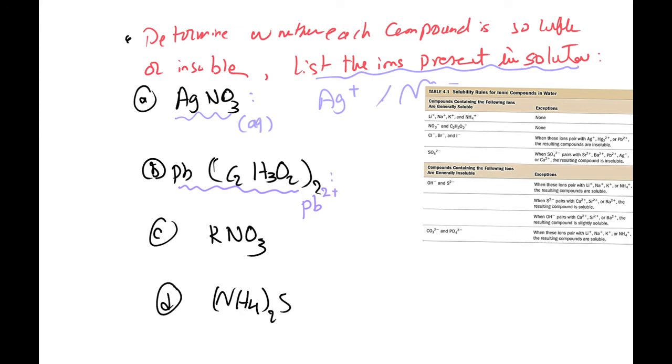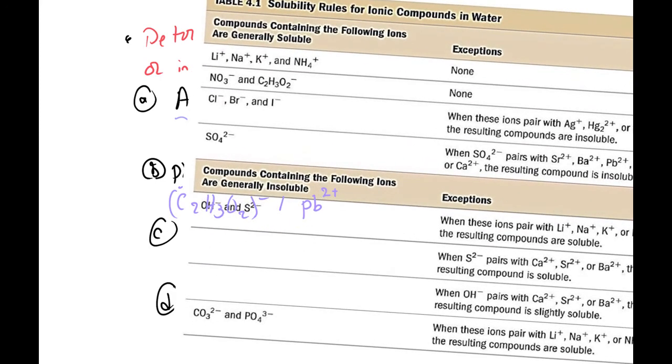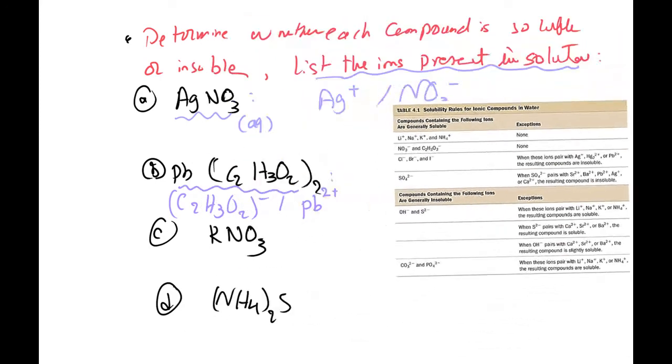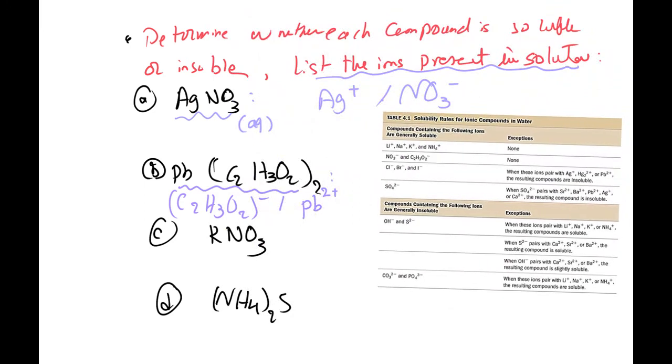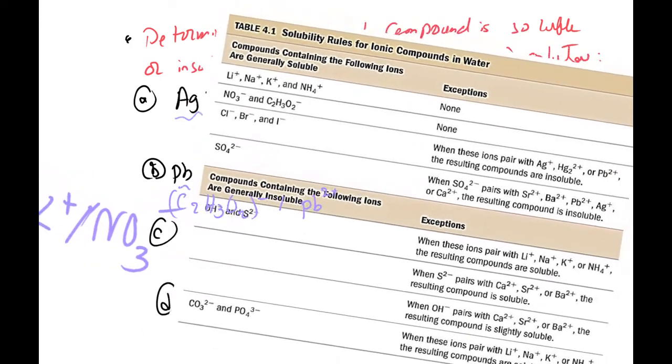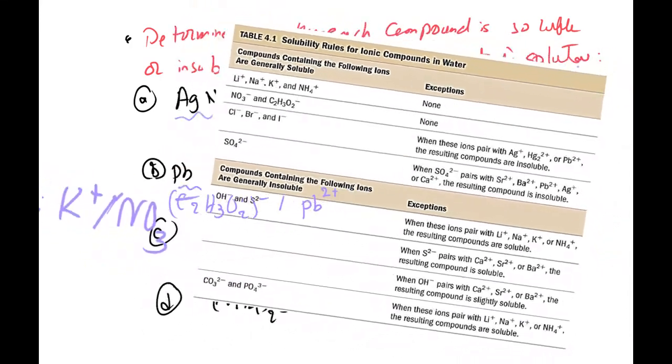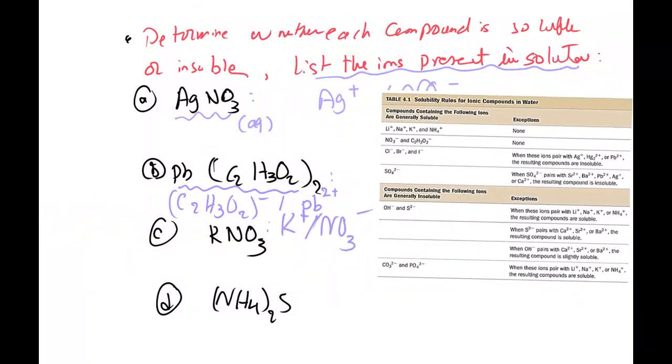KNO3, okay, potassium salts. Yeah, potassium salts are soluble with no exception. So this is going to make a soluble salt, potassium positive ions and nitrate negative ions. To know the formula, go to the solubility table and look carefully. You will find that nitrate is -1.